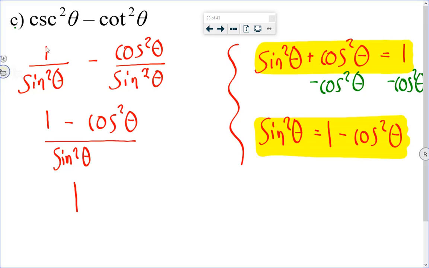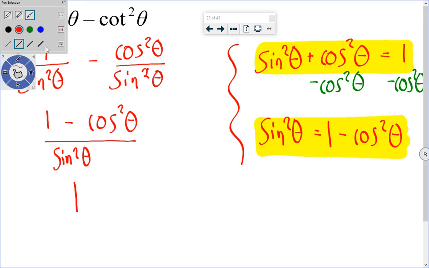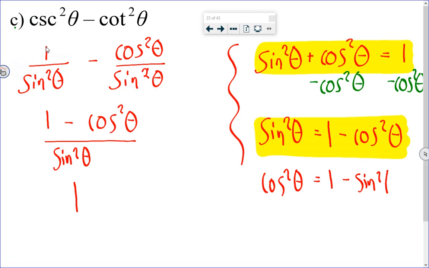And by the way, if I take that original Pythagorean identity and subtract sine squared, I have cos squared of theta equals 1 minus sine squared of theta.